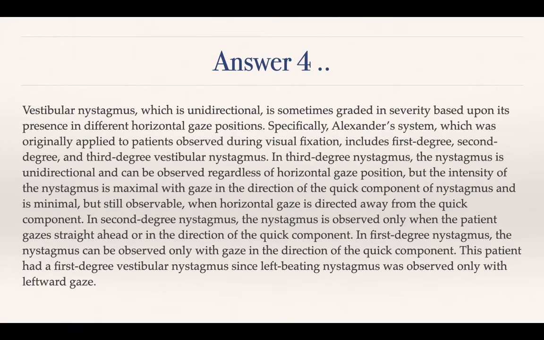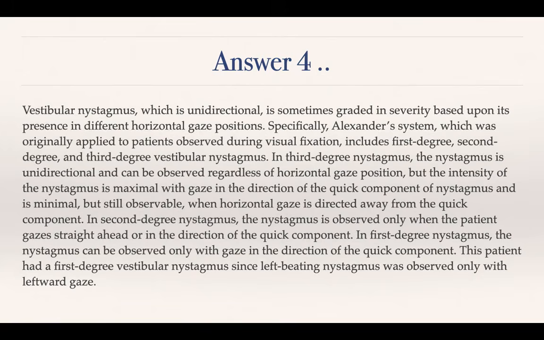In second degree nystagmus, the nystagmus is observed only when the patient gazes straight ahead or in the direction of the quick component. In first degree nystagmus, the nystagmus can be observed only with the gaze in the direction of the quick component. This patient had first degree vestibular nystagmus since left beating nystagmus was observed only with left gaze.